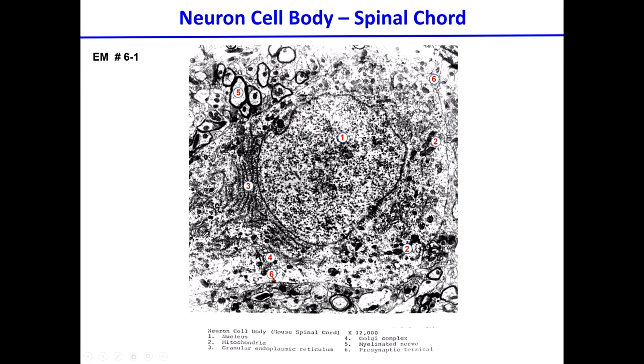Number 4, these kind of light vesicles that are around in this area next to other ones that look more like the endoplasmic reticulum, are the Golgi apparatus. And in the neighborhood, there's a number of myelinated ends, okay?